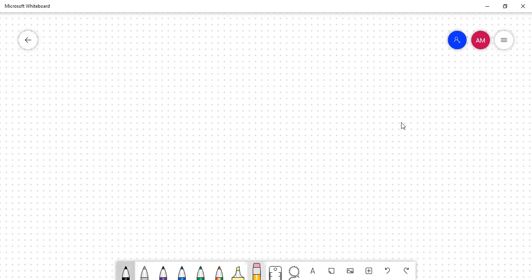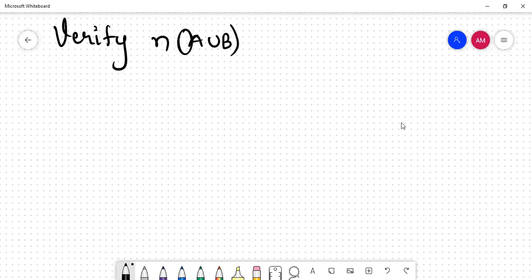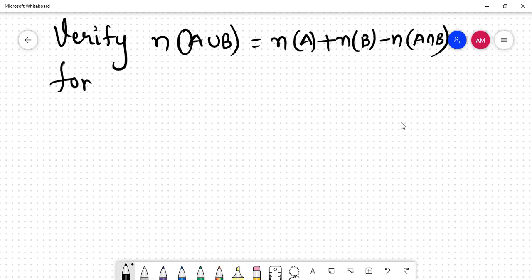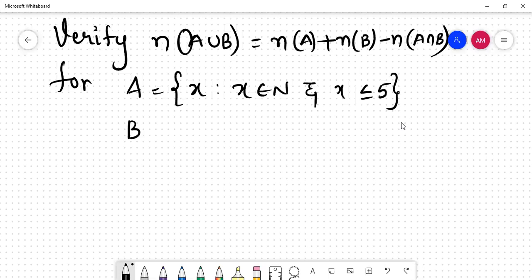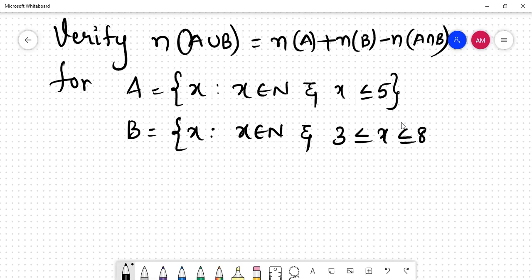Verify n of A union B equal to n of A plus n of B minus n of A intersection B for A is equal to the set containing x such that x belongs to N and x is less than or equal to 5, and B is equal to x such that x belongs to N and 3 is less than or equal to x less than or equal to 8.